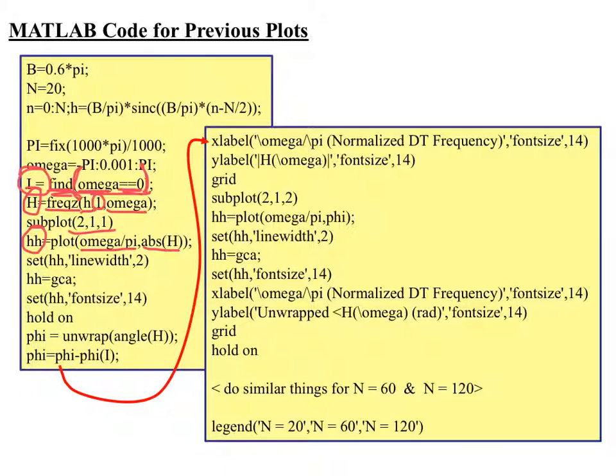So in this case, I did the plot and set the handle, HH equals the plot, so some identifying number goes into HH. And when you put that number inside a command called set, it allows you to set various characteristics.